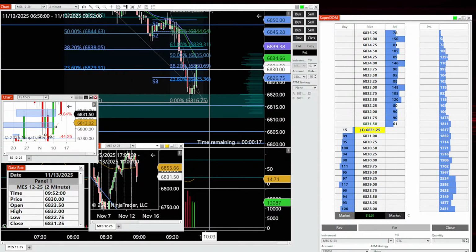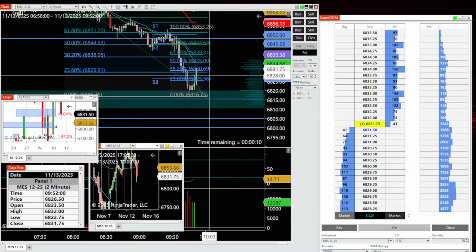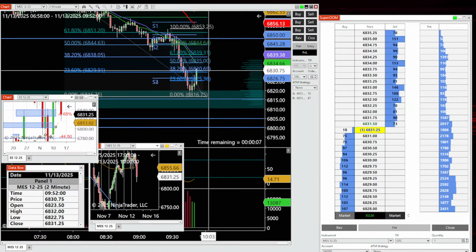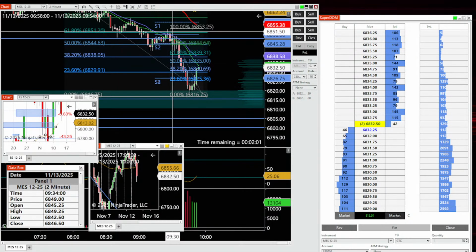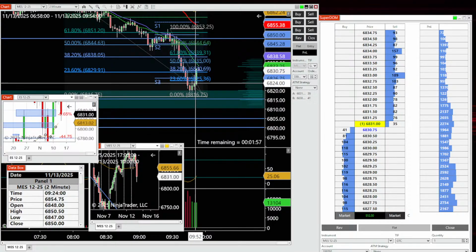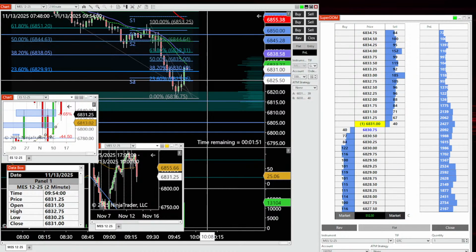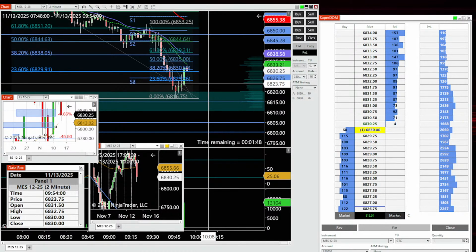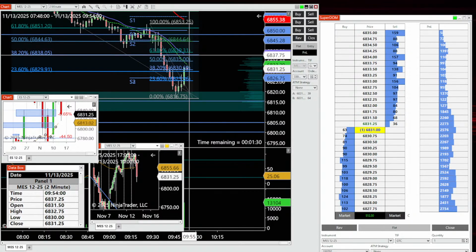Okay, we're breaking through the 30. $35 is the 50% retracement on the smaller last pullback here or drop. $35, $38 to $40.